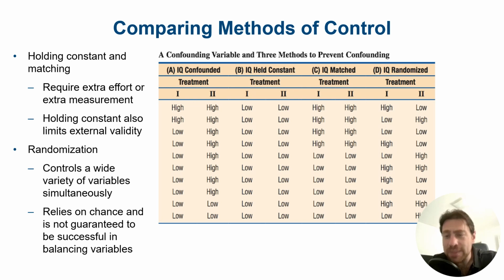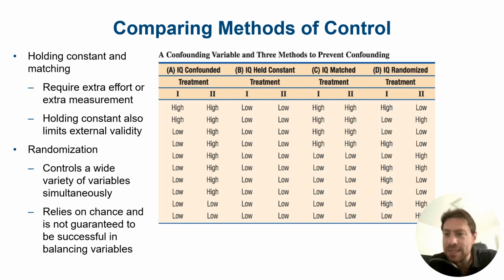Well, B illustrates the method of controlling variables by holding them constant. In this situation, you recruit people into your study with the constraint that everyone should have roughly the same IQ. However, now you have a lot less variation, which could be a threat to external validity. So what are some other options?